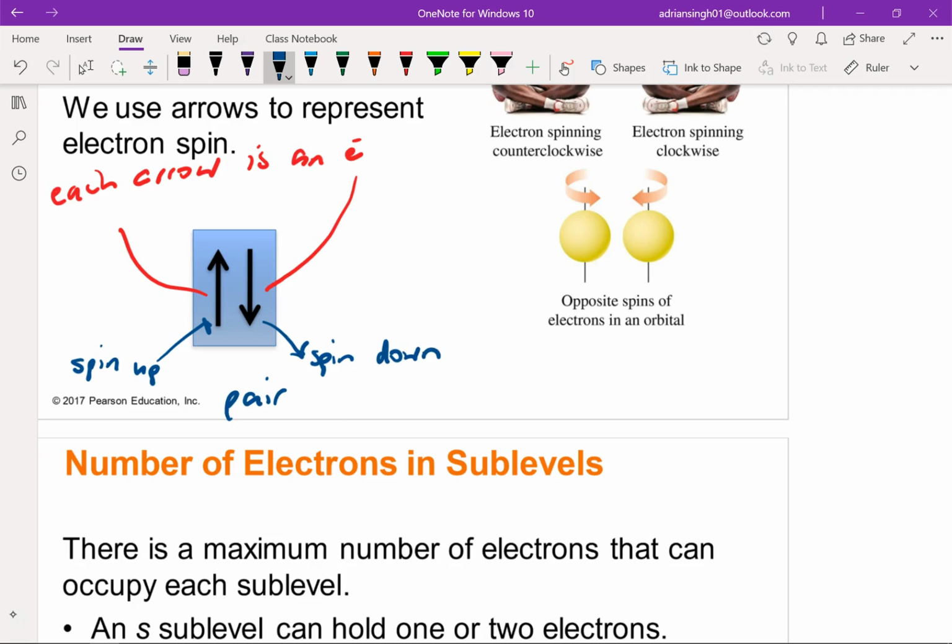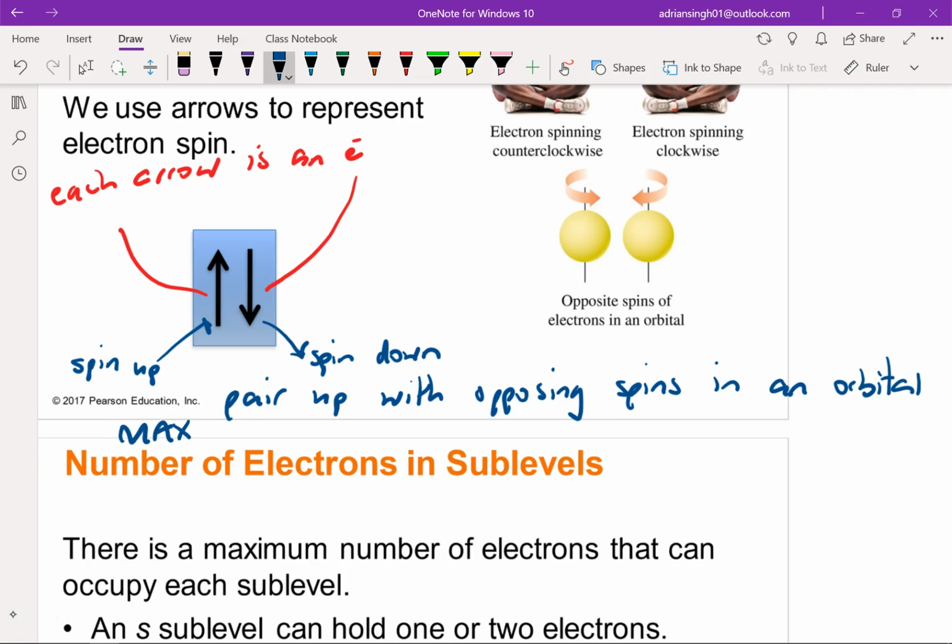So they pair up with opposite spins in an orbital. Okay, so again, a maximum of 2 electrons in a single orbital.